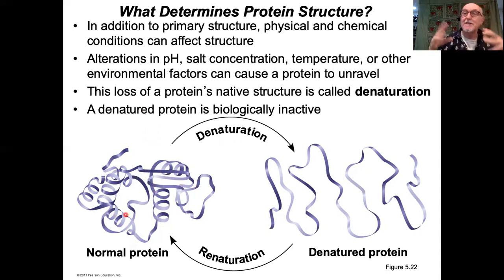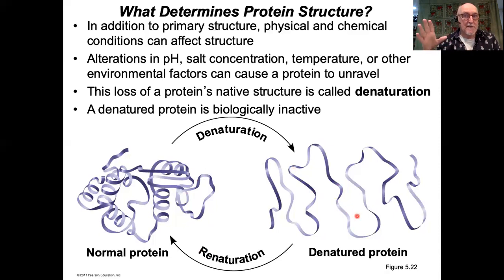Many of those bonds are relatively weak and very easily disrupted. And so we find for a particular protein, it has an optimum environment at which it operates best. And if we deviate from that, we run the risk of actually denaturing the protein. We disrupt the structure so much that it stops functioning.